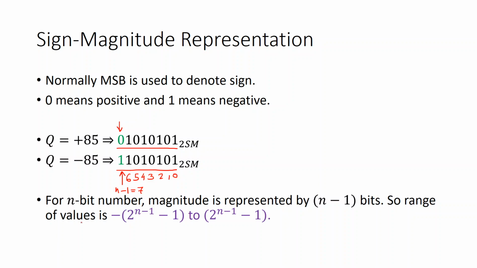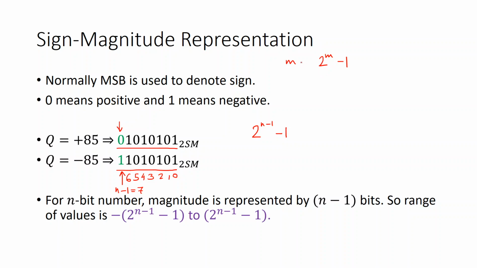So what would be the range of values? So if you have n minus 2 bits, the maximum magnitude would be 2^(n-1) minus 1. It is already known that if you have m number of bits, then the maximum value that you can represent is 2^m minus 1.